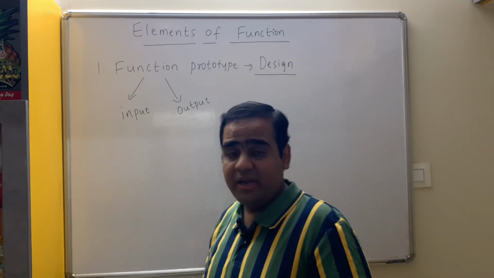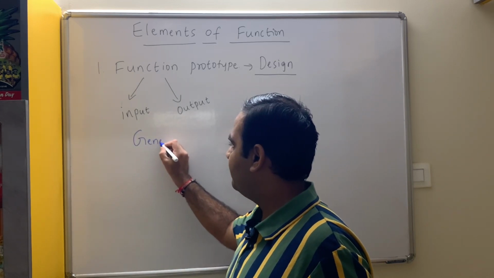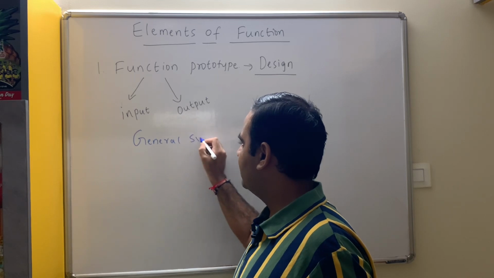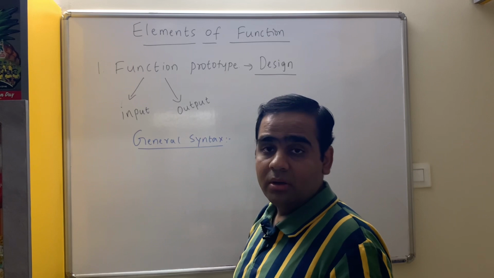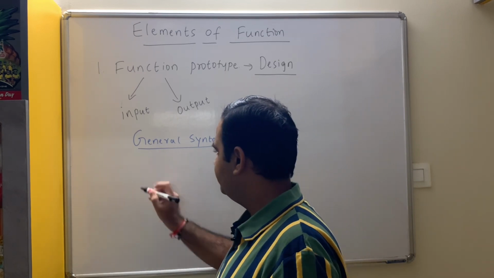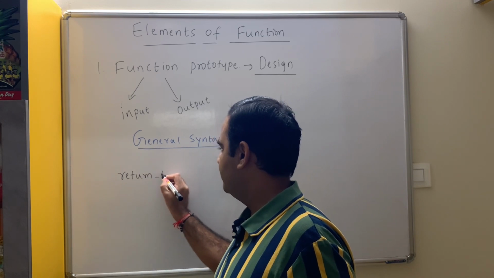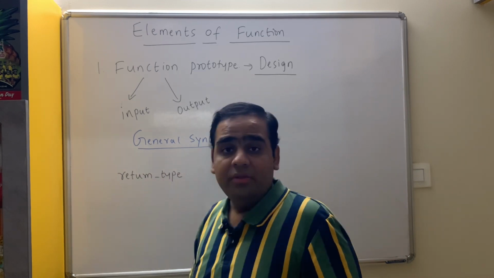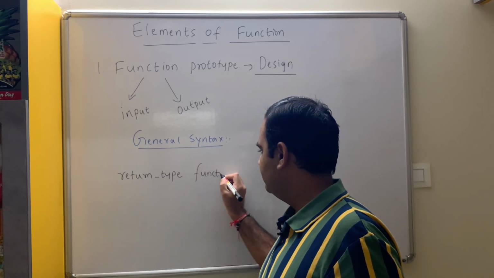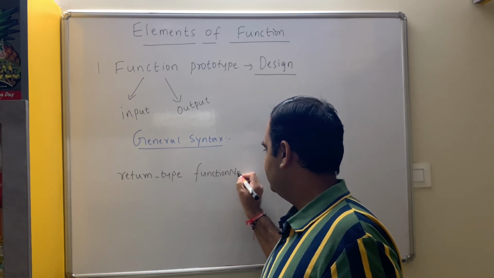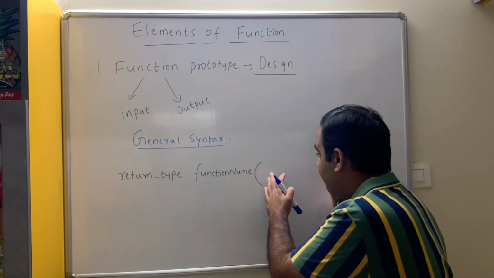Now how do we write the function prototype? There is a general syntax. Let's see the general syntax of the function prototype. First we write the return type. Then we write the function name. Here we write the parameter list.